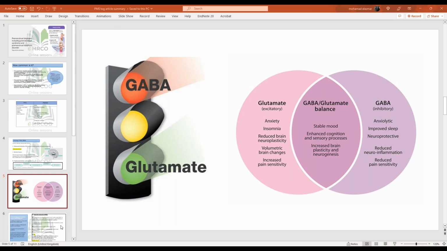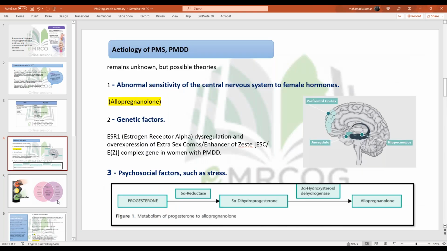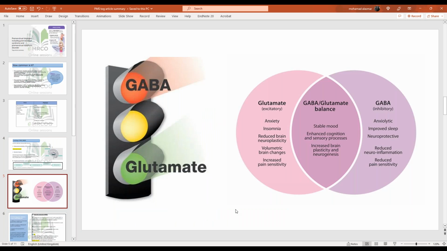I hope so. Now I understand that there is a problem at the level of the progesterone metabolite, allopregnanolone, and I also have an imbalance between the neurotransmitters in the brain, GABA and glutamate, and their receptors mainly in the limbic system, the hippocampus and the amygdala.